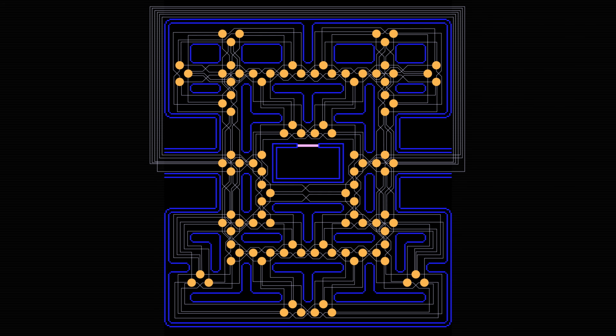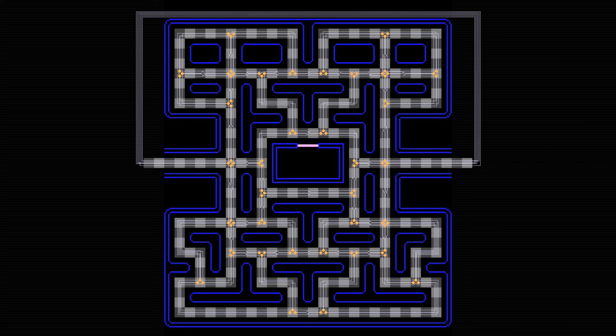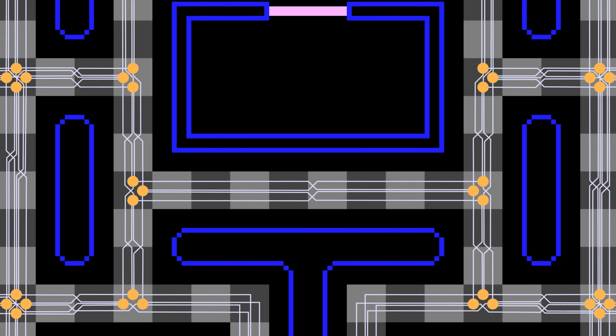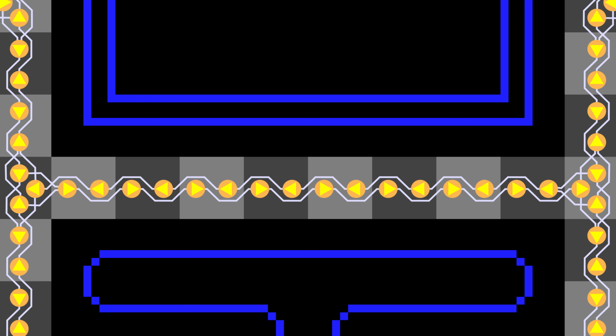So what we really need to do is represent each tile in the maze as a set of vertices, not just each intersection. This is pretty trivial to do, since a ghost can only move forward in a tunnel. Each tunnel tile will have two vertices associated with it, one each for what direction the ghost is moving. Then, we just connect each of the directions together with a probability of 1.